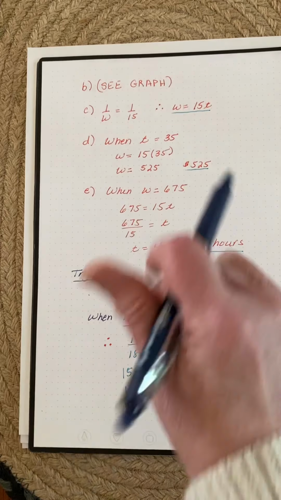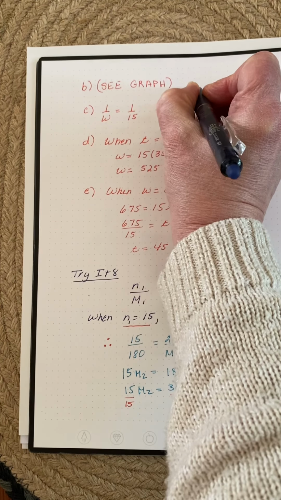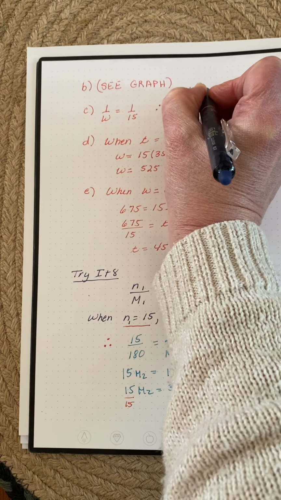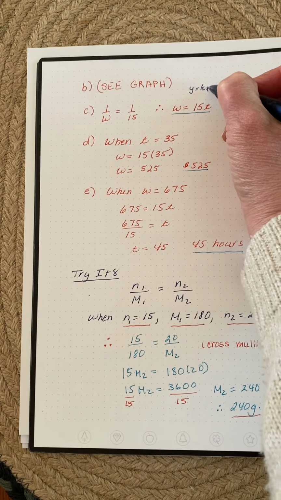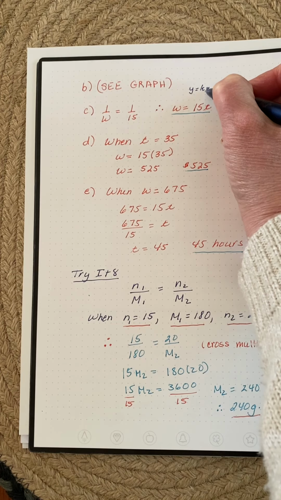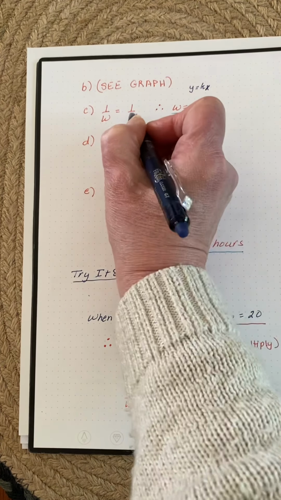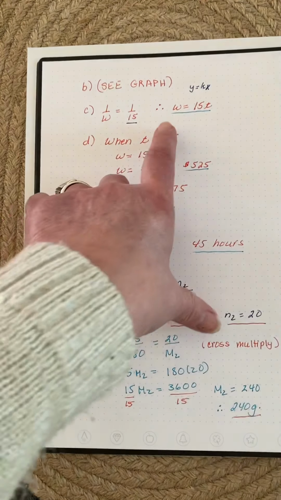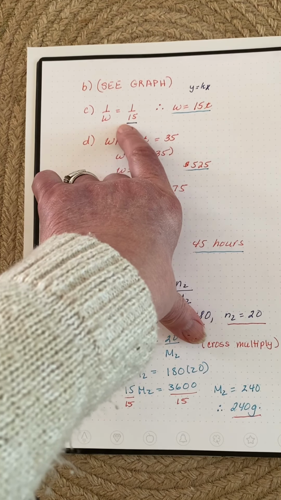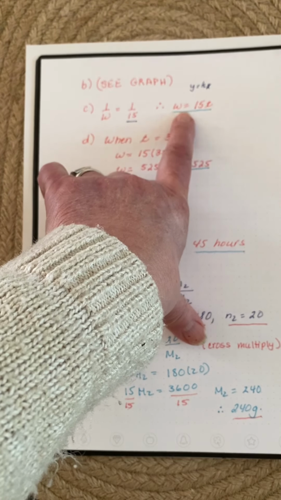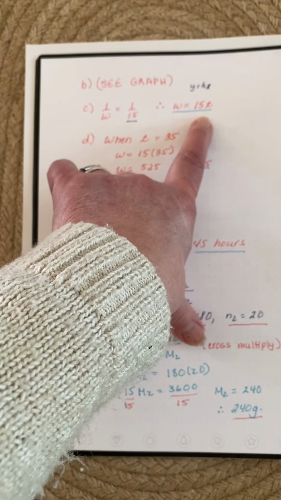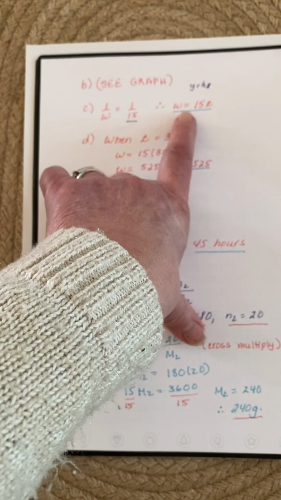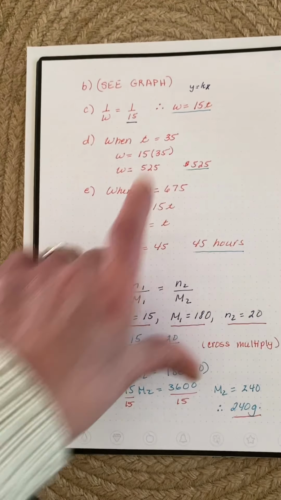Going back to that formula at the beginning where I had y equals kx, remember I said T is in the x position and W is in the y position. And then the constant, of course, is 15. So here is my equation. I just take what I know and turn it into an equation, W equals 15T, because if I multiply T by 15, I end up with W.